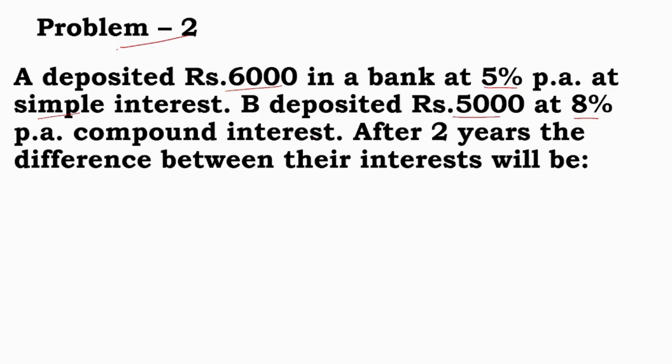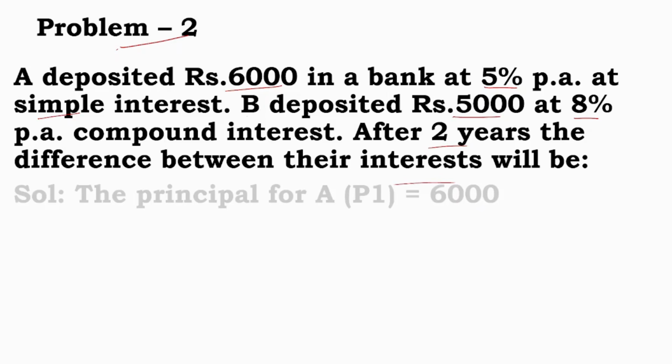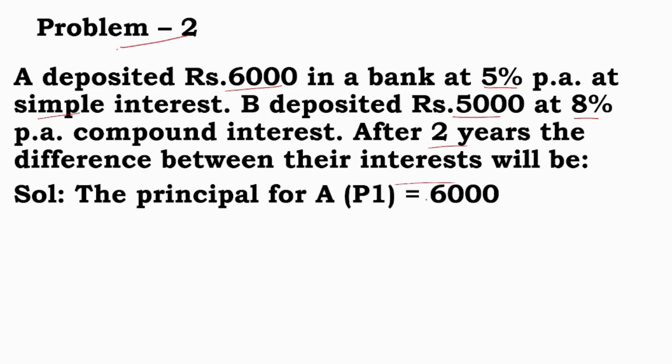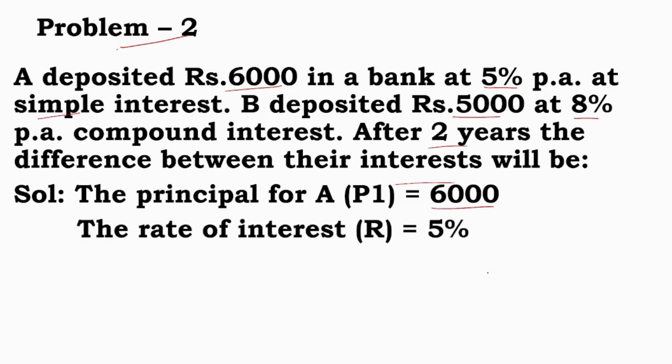So here B deposited at compound interest. After 2 years, what will be the difference between their interests? So we have to see what interest A got and what interest B got, so that we can find the difference. For A, the principal amount is 6,000 and the rate of interest is 5%.